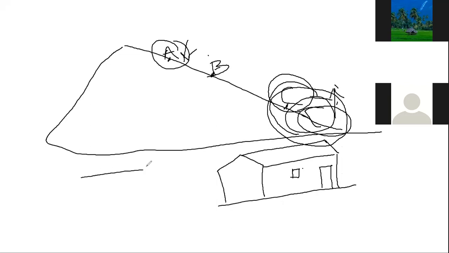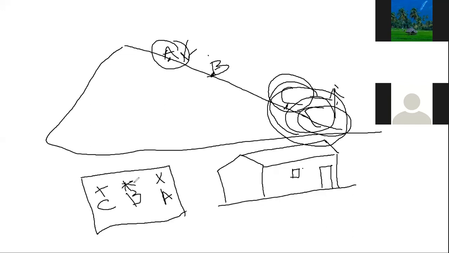So inside the laboratory, I'm taking the cross section. What do you think about this laboratory? Let's assume this is A, assume this is B, assume this is C. Three different positions.